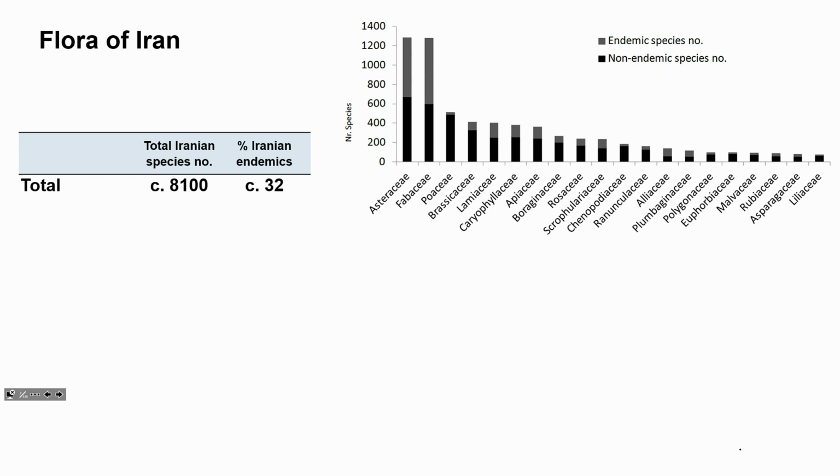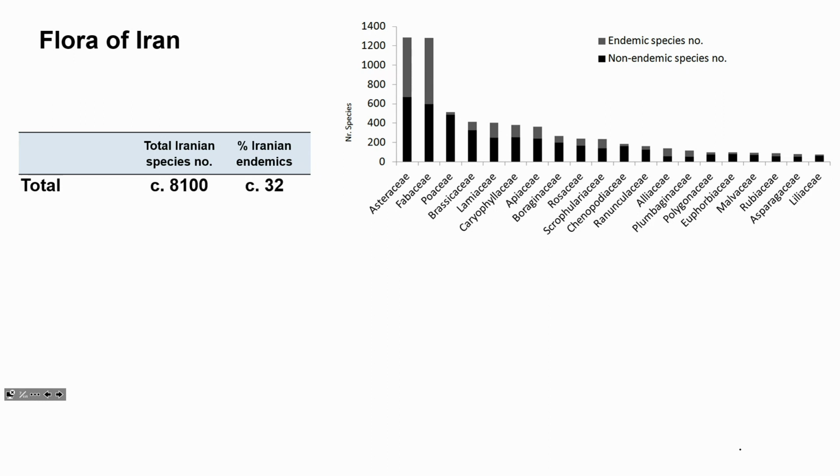There are around 8,100 vascular plant species in this area, and 32% of them are endemic. Here we can see the biggest families and the number of endemic species in each family: Asteraceae, Fabaceae, Poaceae, Brassicaceae.